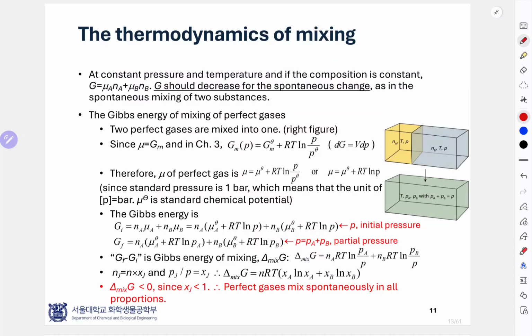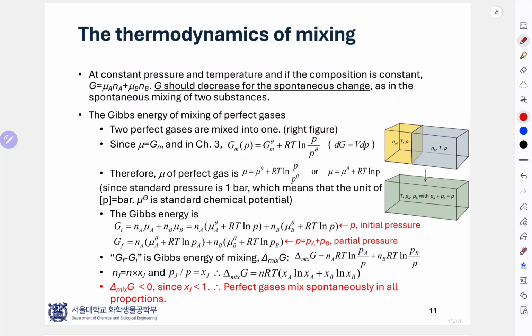This is a perfect gas condition. Two perfect gases, component A and B, in two containers are mixed into the same container. After mixing, the temperature is constant, the same before and after mixing, and in the initial state, the gas is in mechanical equilibrium with the pressure P. After mixing, the pressure P is constant.